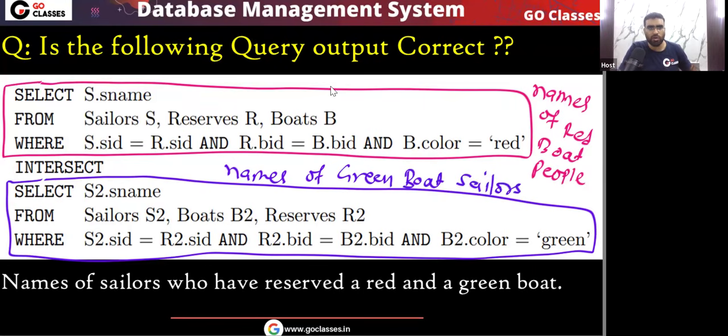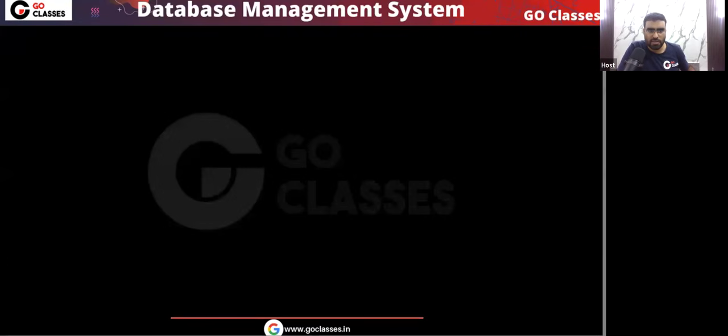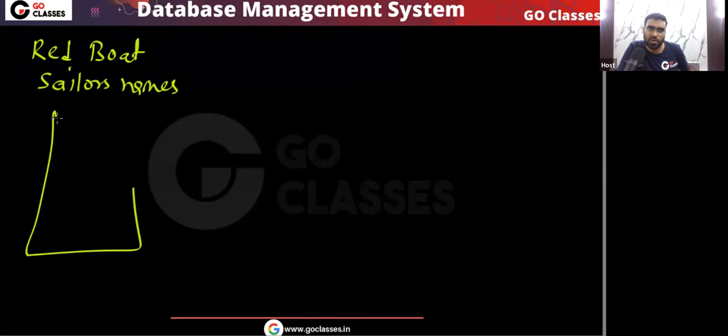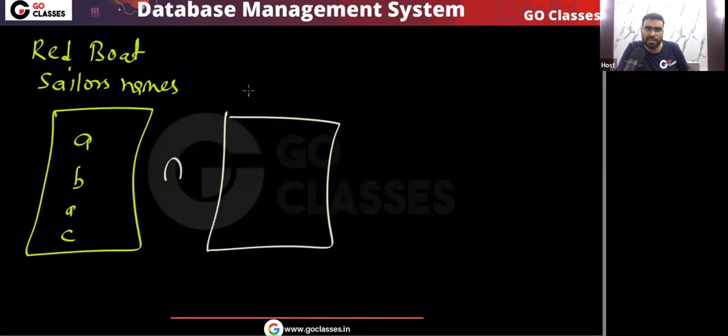Now I am doing their intersect. Maybe this type of situation happens. I got red bot sellers names. Let's assume these are the red bot sellers names: A, B, A, C. And I am doing their intersect with green bot sellers names.